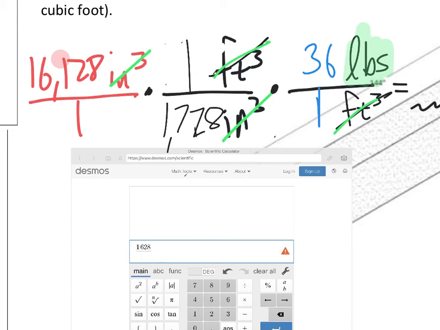Now, actually, if you're using this Desmos calculator, you could type it in just like it is: the number over 1 times 1 over 1,728, times 36. And there's our answer.